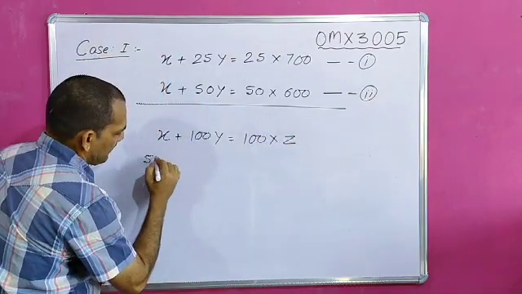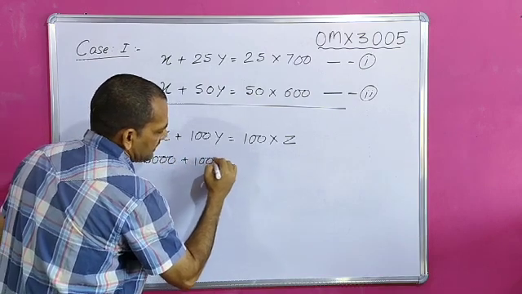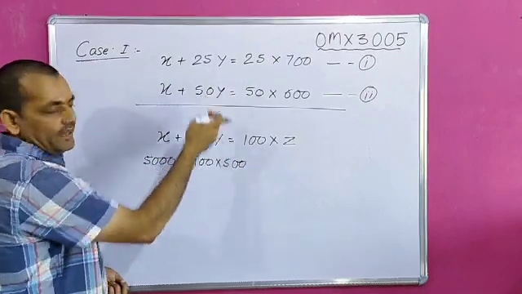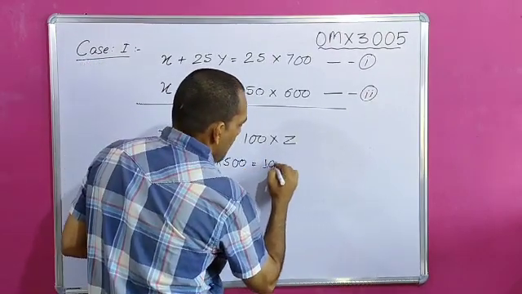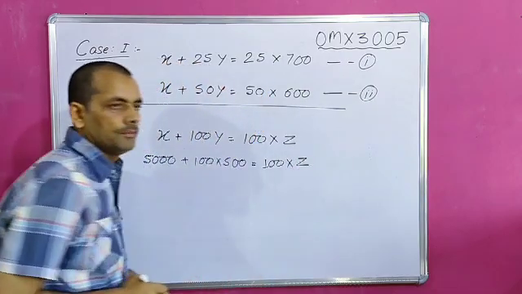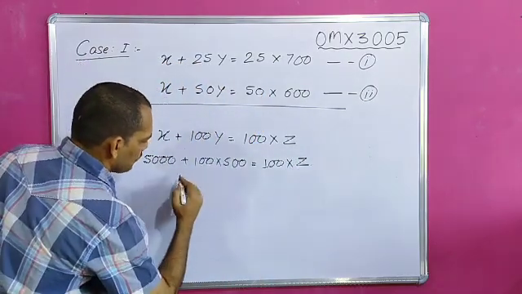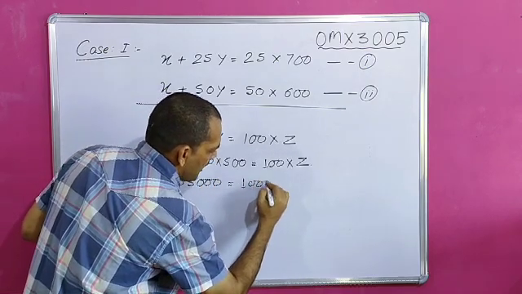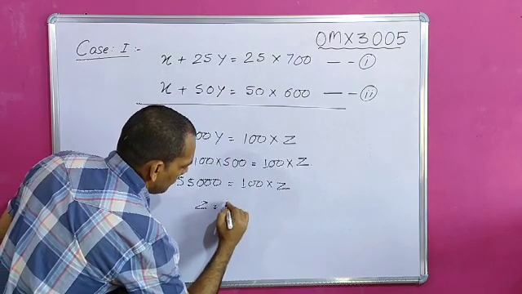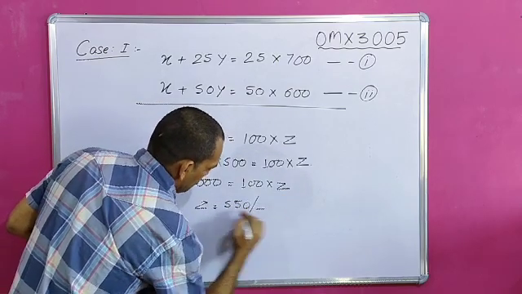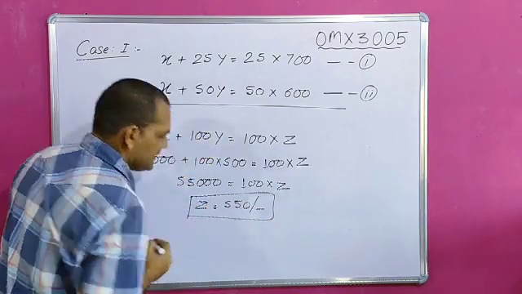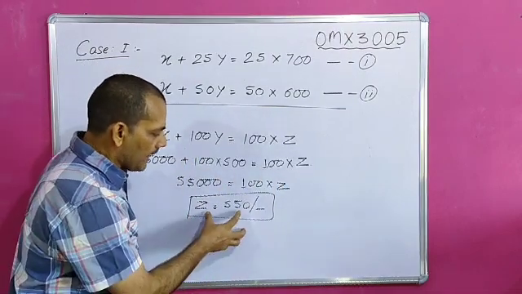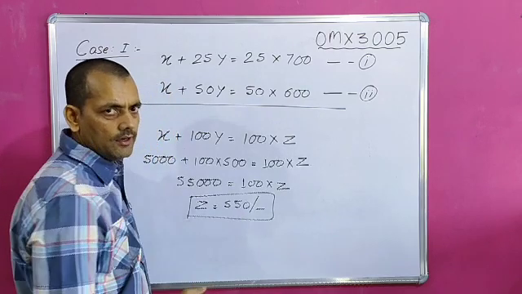So this value is 5,000. This is 100 into 500 because our variable cost that we calculated, Y, is 500, equals 100 into Z. Now this will reduce down to 55,000 equals 100 into Z. So Z will be 550 rupees. It simply means that if there are 100 boarders, per boarder cost will become 550. Clear? Thank you.